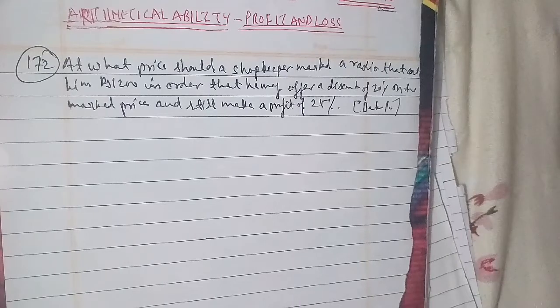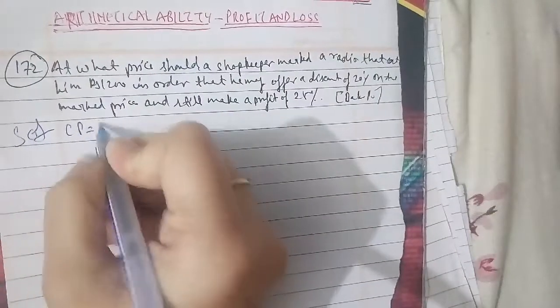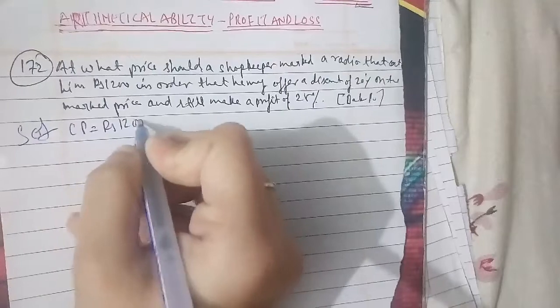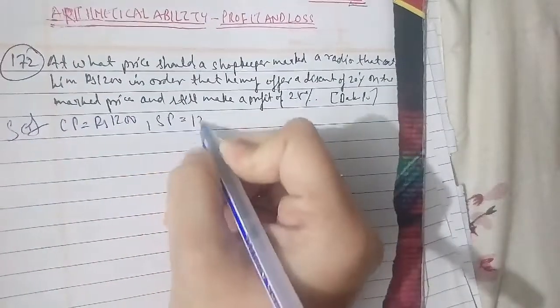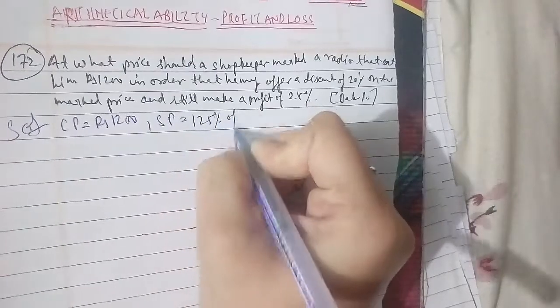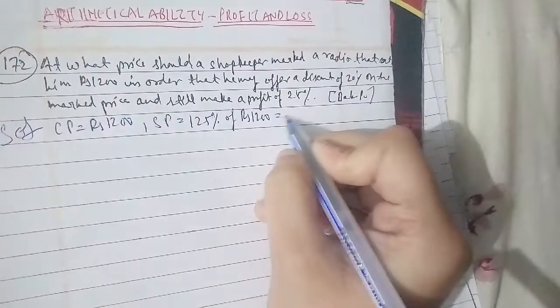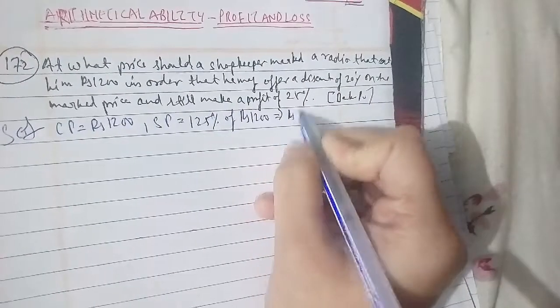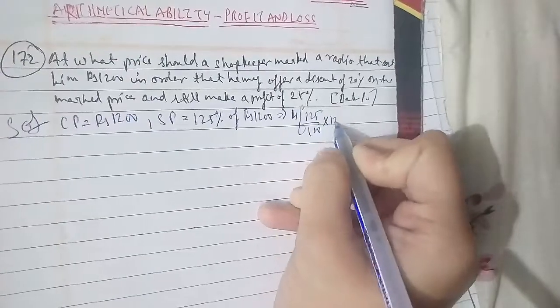The question: CP equals rupees 1200, and selling price, that is SP, equals 125% of rupees 1200, that equals rupees 125 upon 100 into 1200.